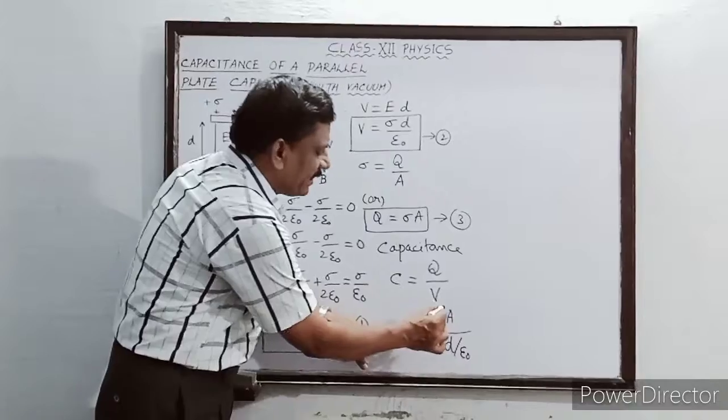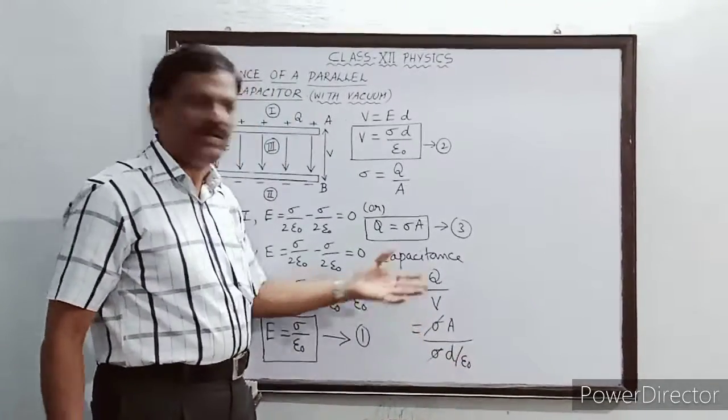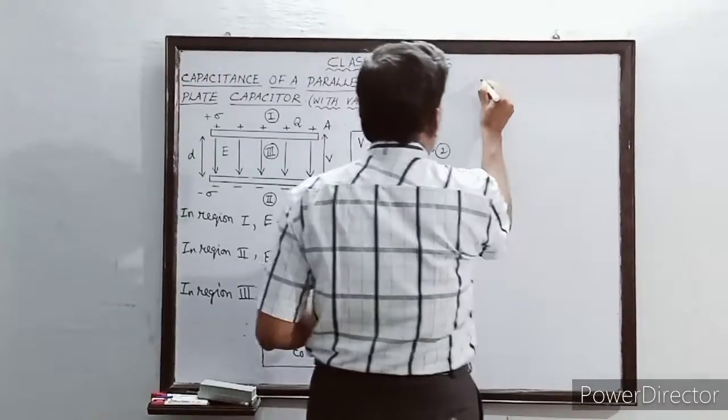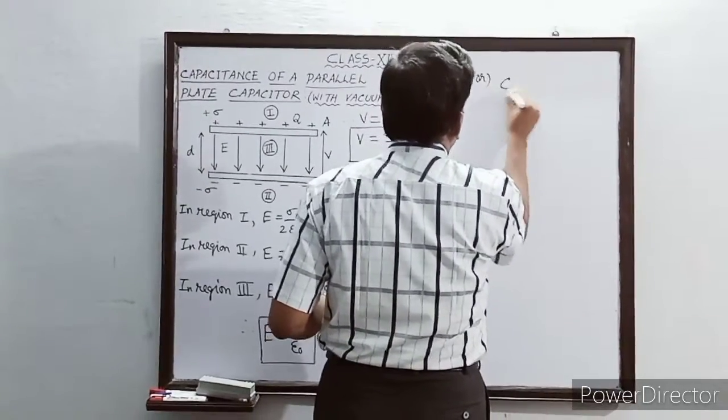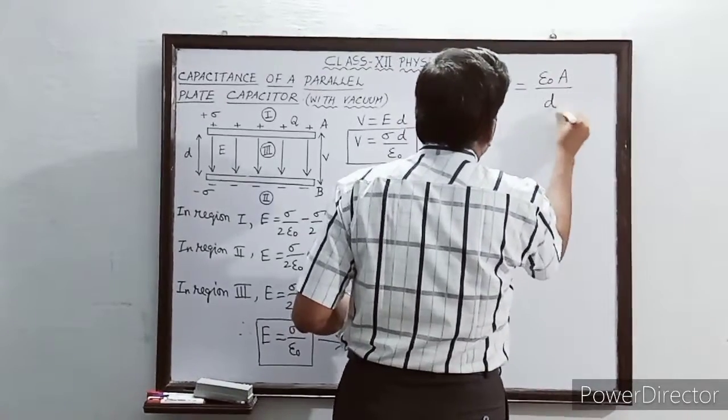Now sigma is getting cancelled on both sides. The epsilon naught in the denominator comes to the numerator. Therefore, C is equal to epsilon naught A divided by d.